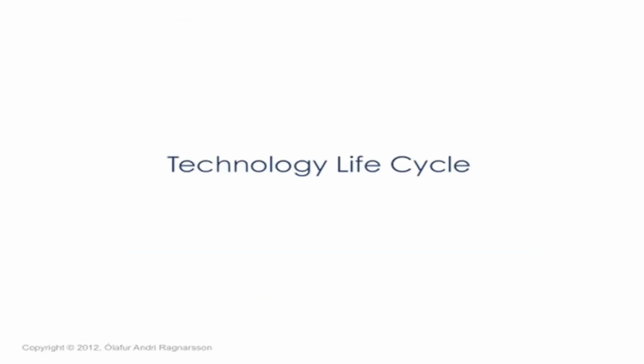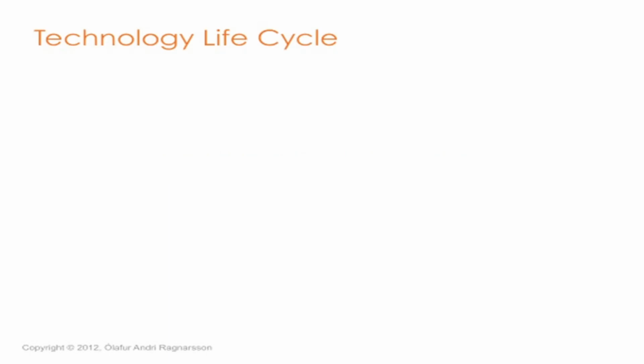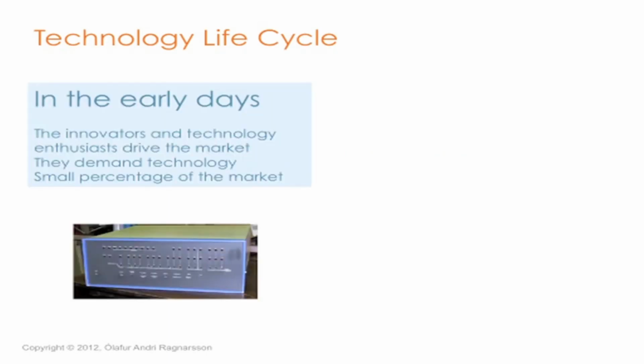So let's talk about the technology life cycle a little bit. This is the notion when we are in the early phases of technology. Let me give you an example. In the early days, a new technology comes along. For example, the PC. Who will buy this box? Well, that's the crazy people, the enthusiasts, the innovators that want to buy this.